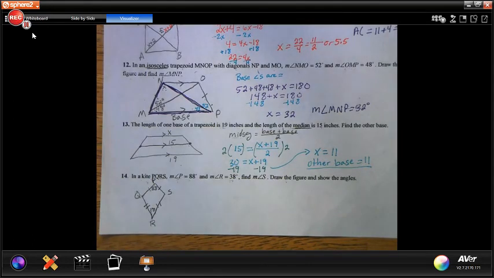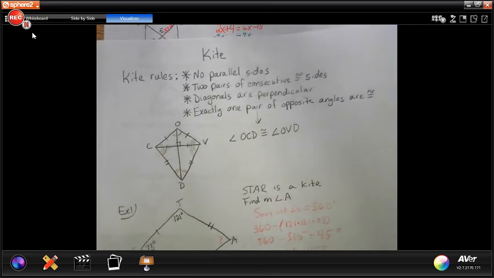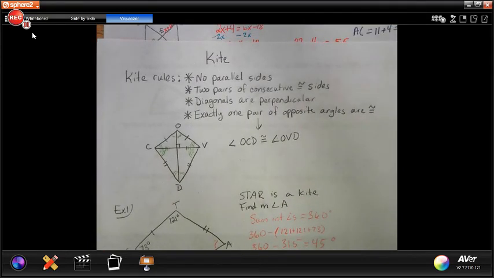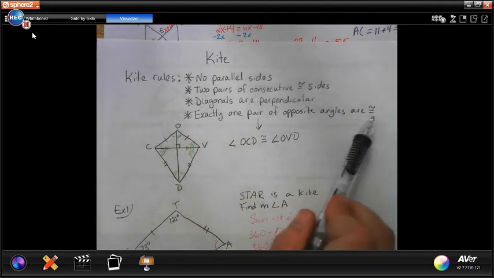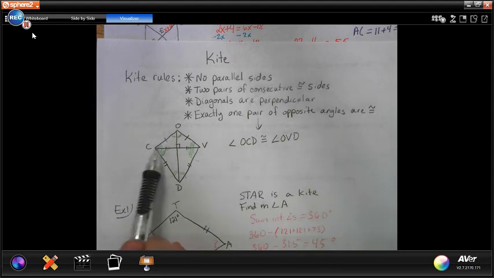So, get my kite notes out. Show you the kite notes from the kite video. This angle is going to be different than this angle. These two angles are the same. Exactly one pair of opposite angles are congruent, and those are the ones that are congruent.